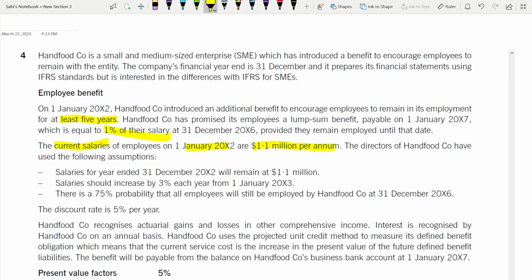The directors of Handfoot have used the following assumptions. Salaries for the year ended will remain at this level, that means after 1 year, and salaries will increase by 3% from 1st of January 2003. There is a 75% probability that all employees will still be employed by Handfoot on 31st December 2006. The discount rate is 5% per year.